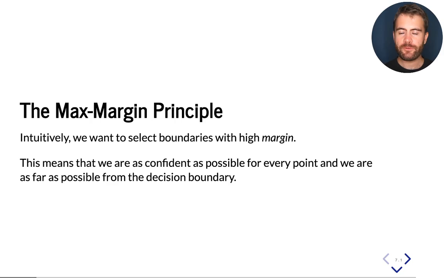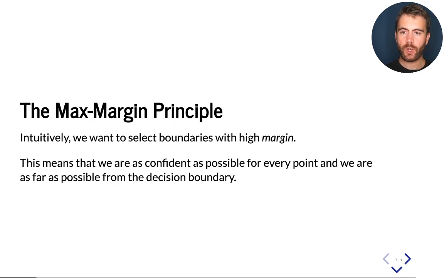The idea of the support vector machine algorithm is to choose boundaries which have a high margin. In particular, the basic premise on which the entire idea of support vector machines is built is that we should choose a decision boundary with the highest possible margin, which means that this boundary will be placed as far as possible from the data points.